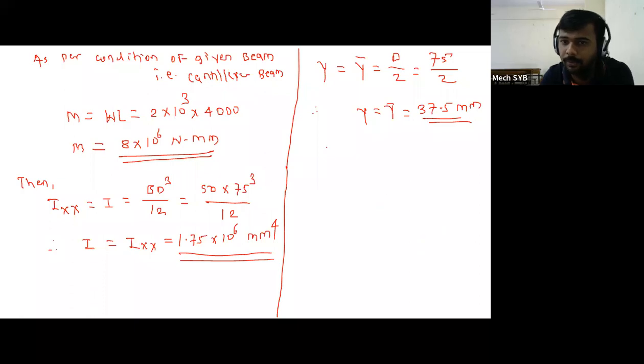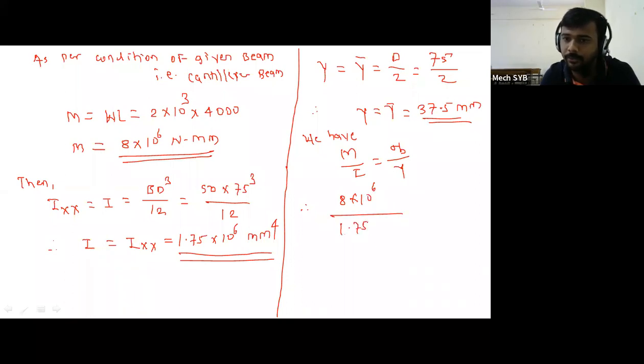And then we have our standard formula, M upon I is equal to sigma b upon y. So put all the values. M, 8 into 10 raised to 6, divided by 1.75 into 10 raised to 6, is equal to sigma b, which we have to calculate, and y distance is 37.5 mm. So I will write the equation in the form of sigma b.